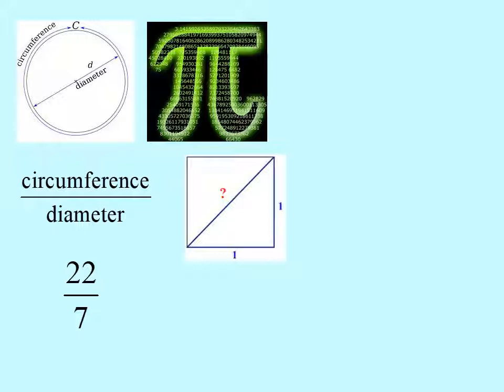Here's another one. If you take a square that's 1 unit on each side, the measurement of the diagonal is approximately some decimal value, but it is exactly what we call the square root of 2.